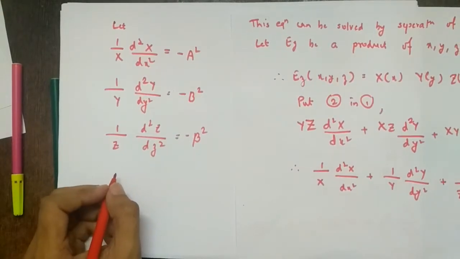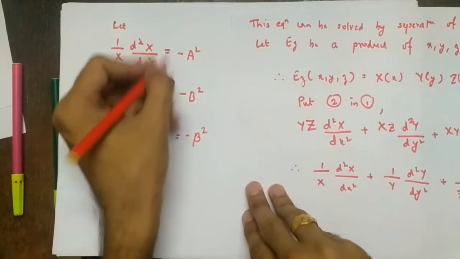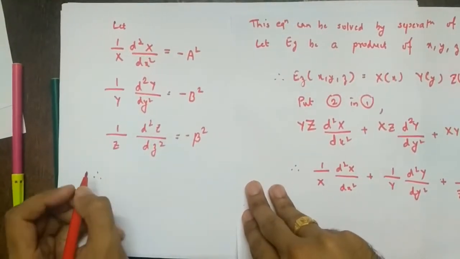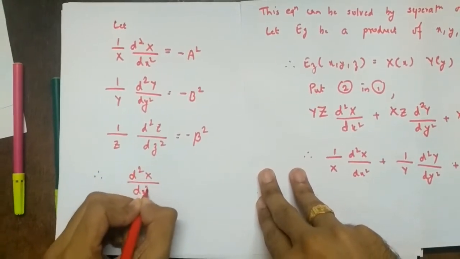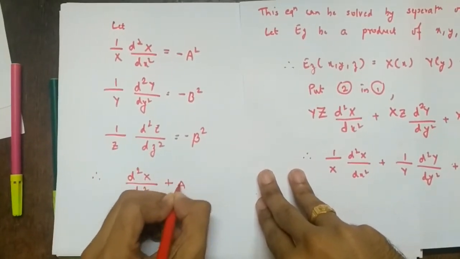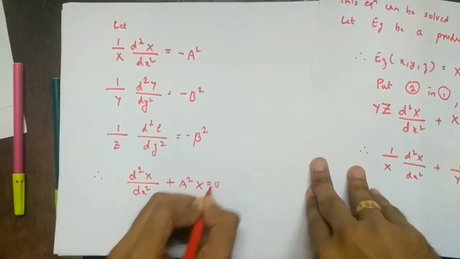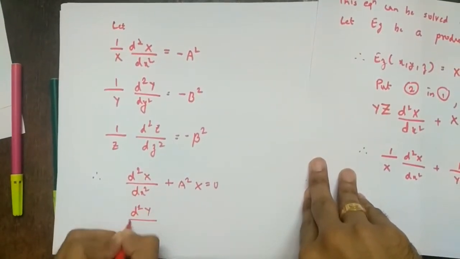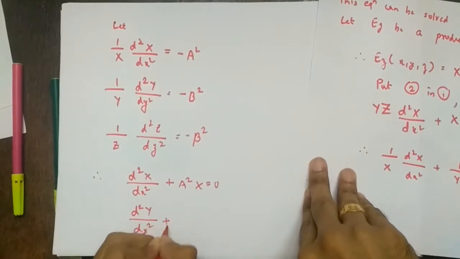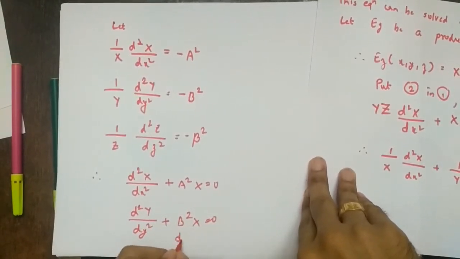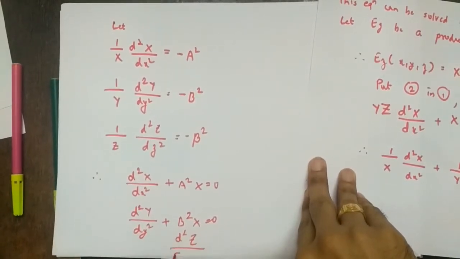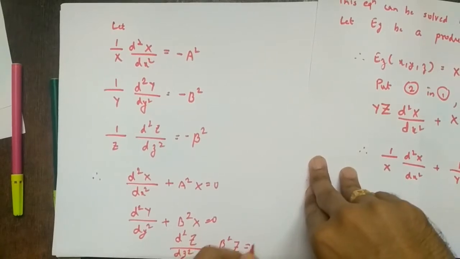Okay, so you just solve this. What will you get? I have taken the assumptions in this way, that we will come to know in this equation. So d square X by dx square plus a square X equal to 0. Then d square Y by dy square plus b square Y equal to 0. And finally d square Z by dz square plus beta square Z equal to 0.